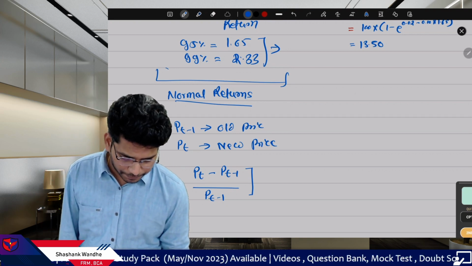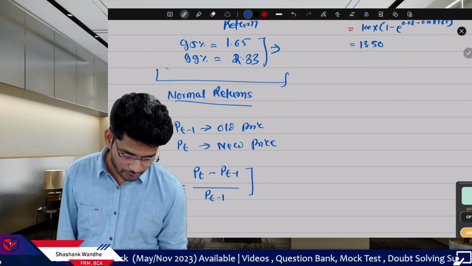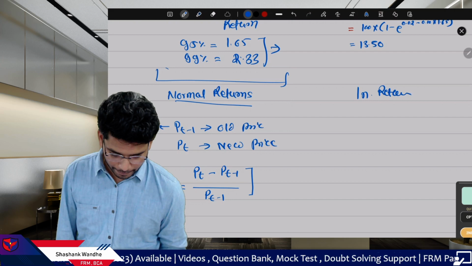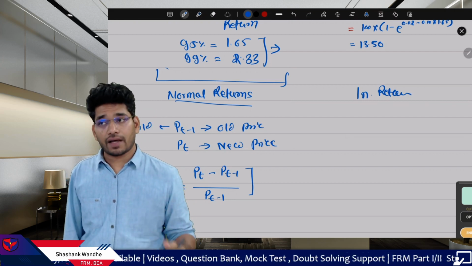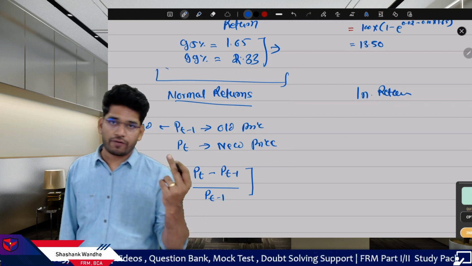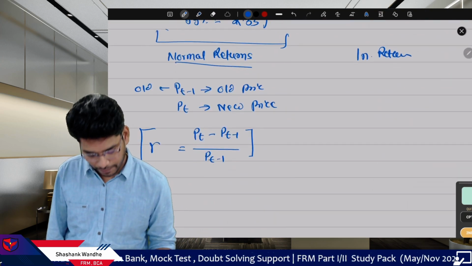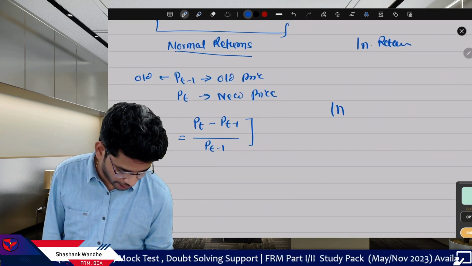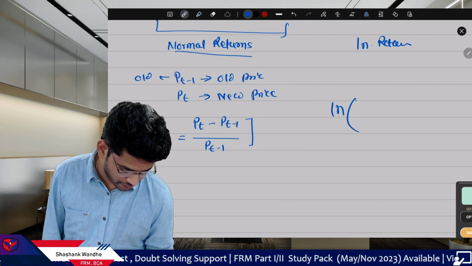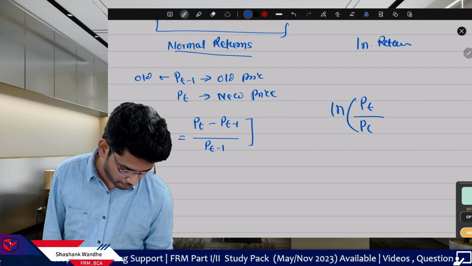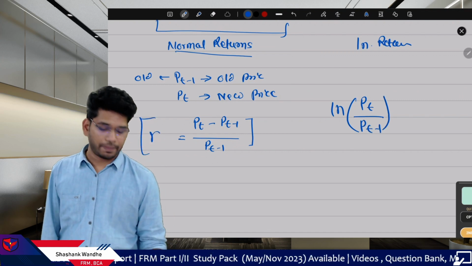On the other hand, if you calculate log normal returns, that is, if your returns are log normal or continuously compounded, then you have to use log normal VAR. And what is the method of calculating log normal returns? It is very simple: P(t) divided by P(t-1), and then simply press ln.